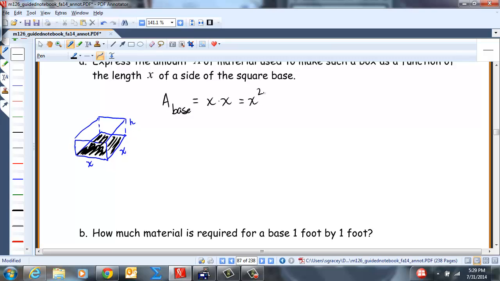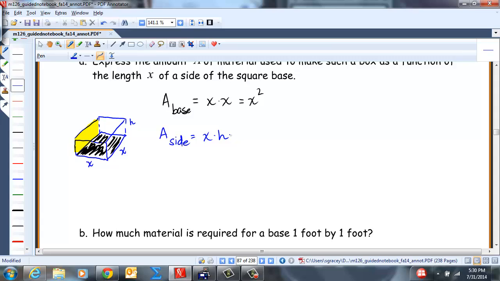Good so far? And now if you look at this right here, we're going to have four measures that have the same area. So this area of the side is equal to x times h.